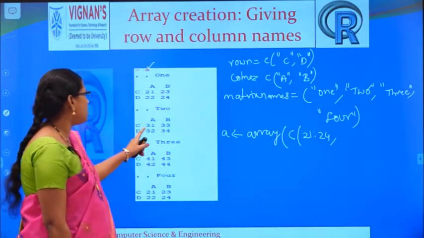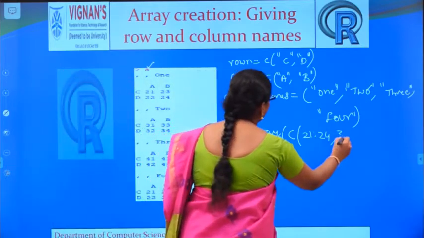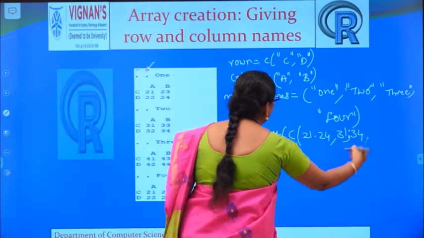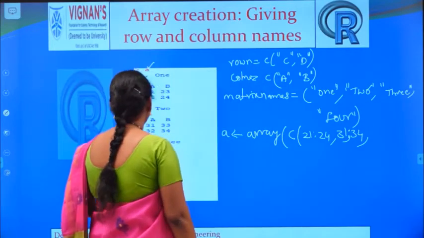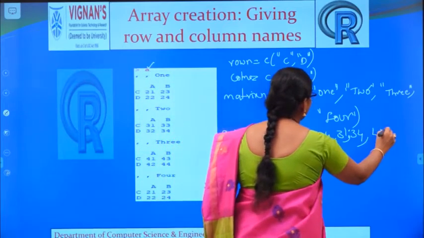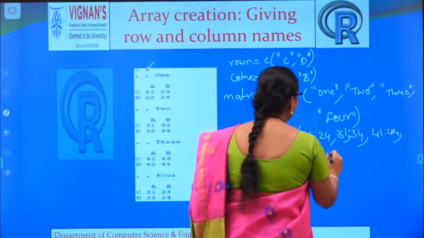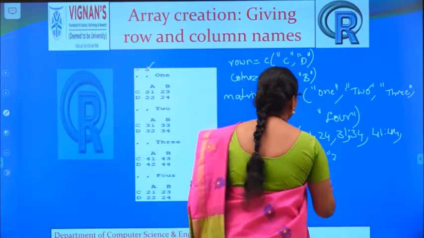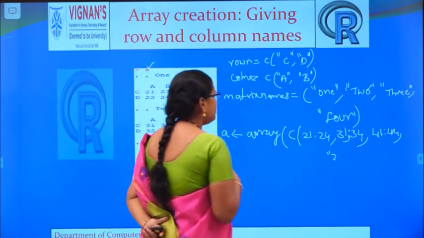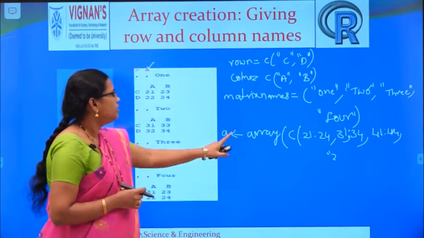And for the second matrix, what is the input? That is 31 to 34. So I am giving 31 colon 34. And then comma. The third matrix inputs are 41 to 44. And then the fourth matrix input is 21 to 24. So let us see the input here, array of.